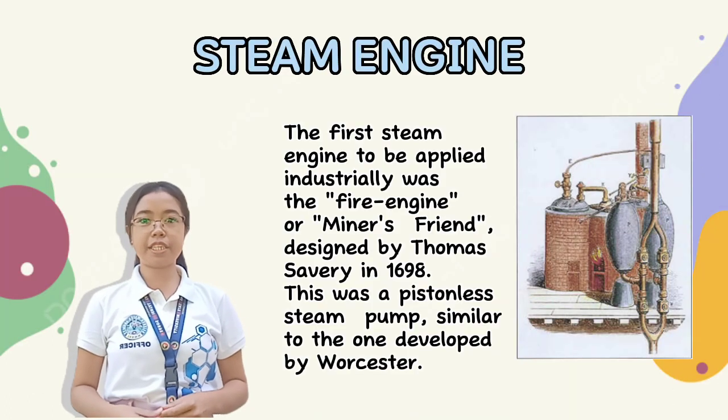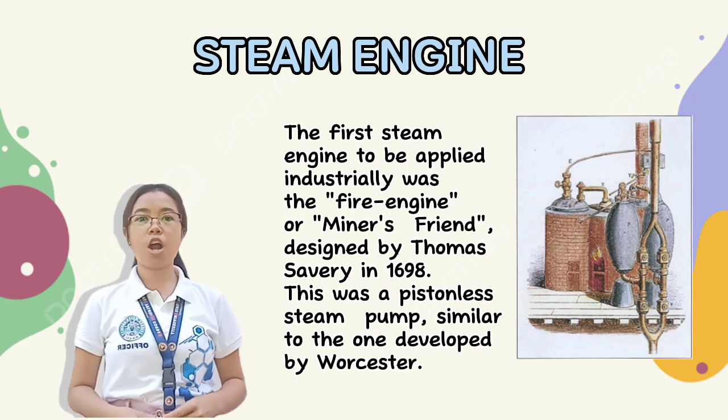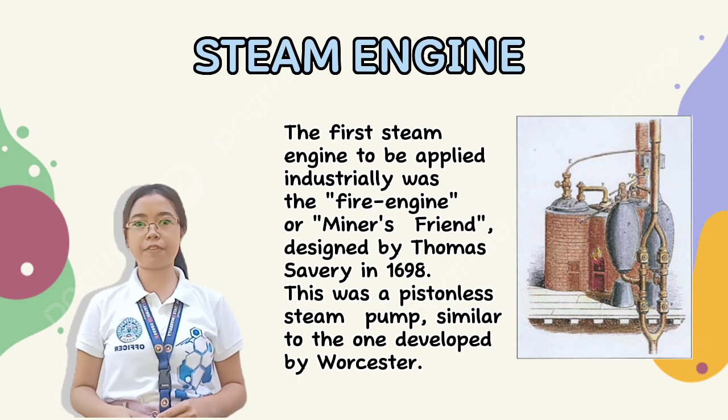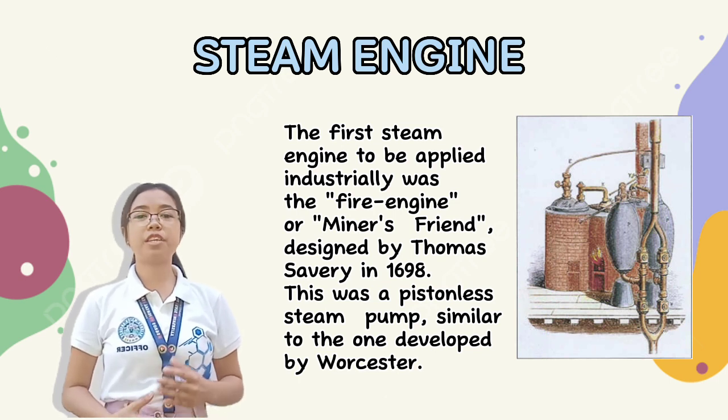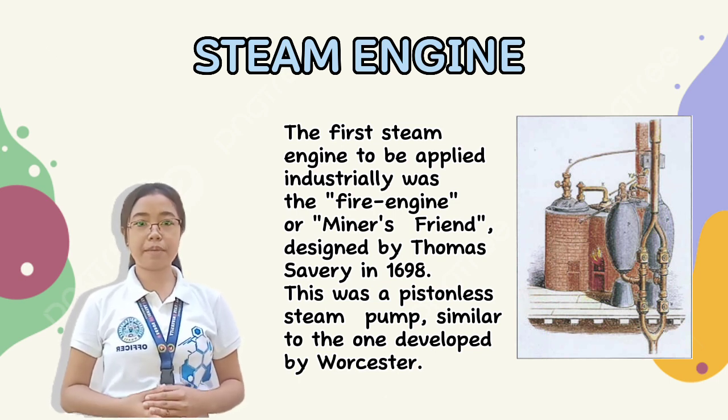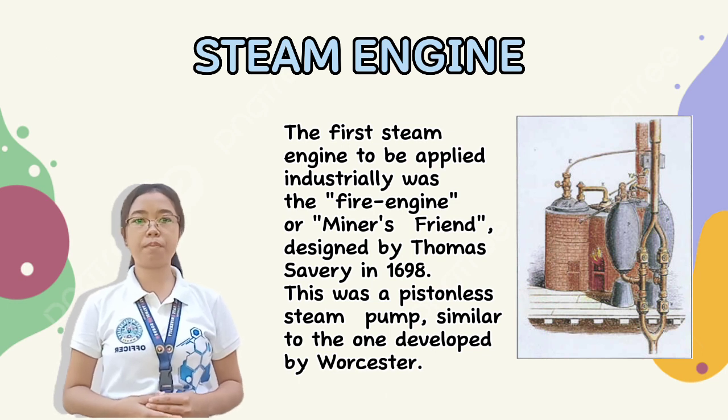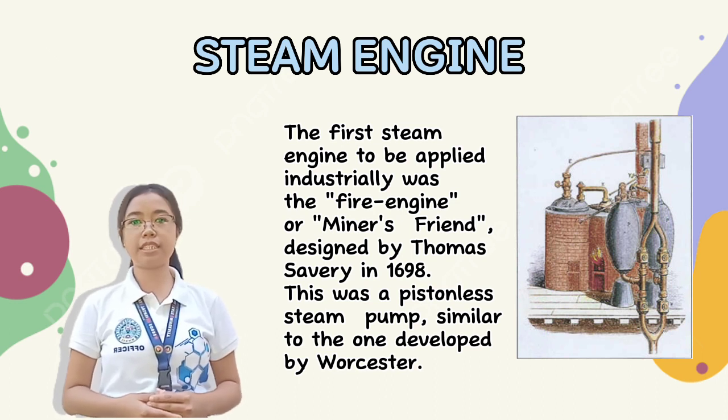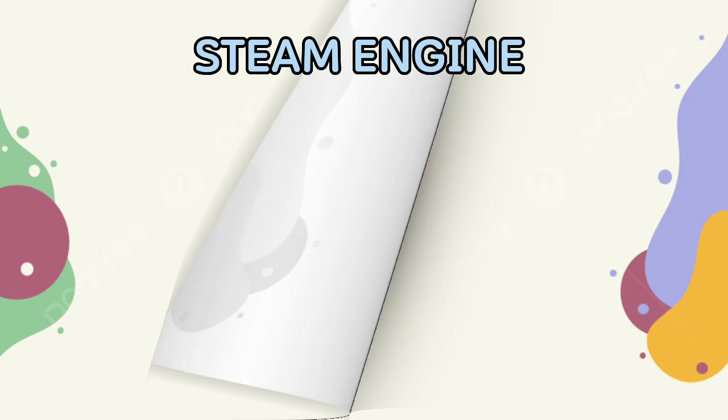The first steam engine to be applied industrially was the fire engine, or the Miner's Friend, designed by Thomas Savery in 1698. This was a pistonless steam pump similar to the one developed by Worcester. Savery made 2 key contributions that greatly improved the practicality of the design.